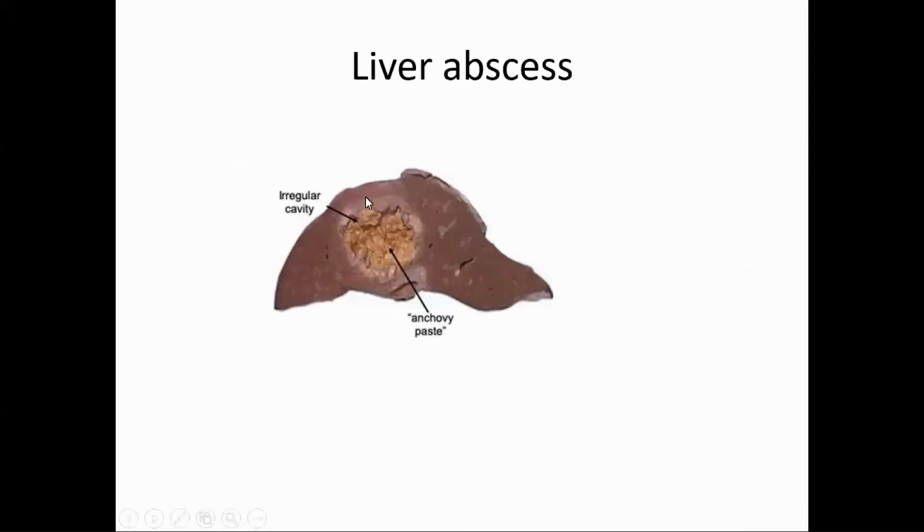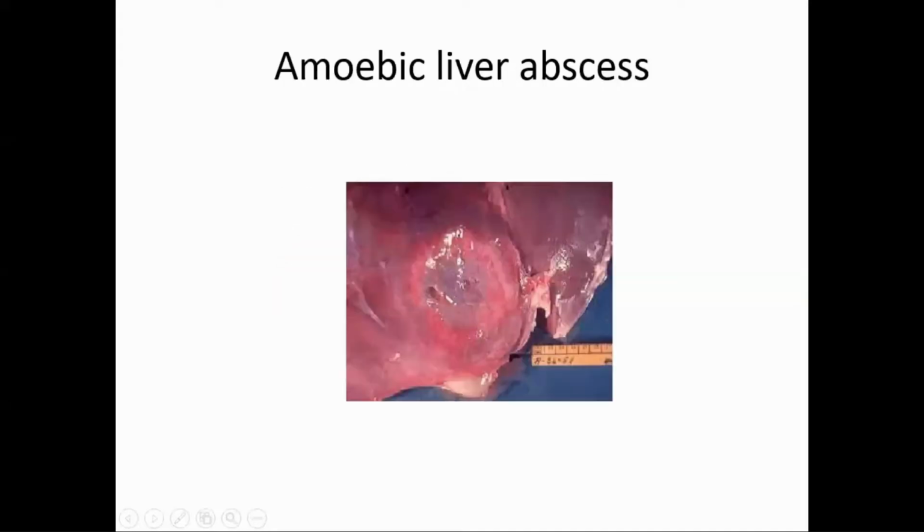See, this is an irregular cavity. This is not smooth. These are ragged or irregular walls. And inside is anchovy sauce or anchovy paste, whatever you call it, or chocolate sauce like pus. So this is an amoebic liver abscess. This is the liver, and on this surface you can see the abscess, which may burst. It is protruding on the surface, and it may burst.